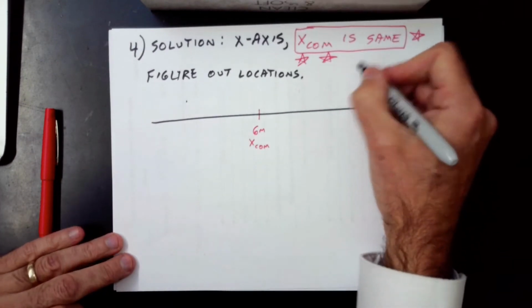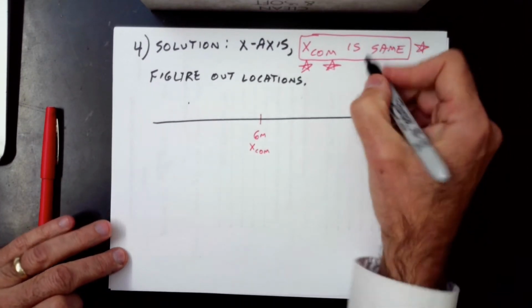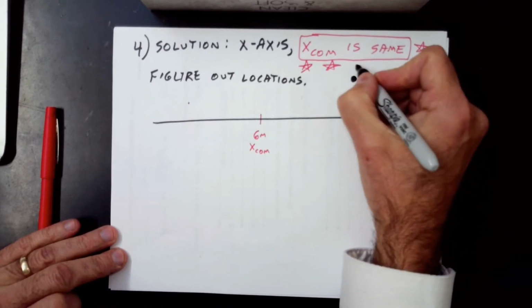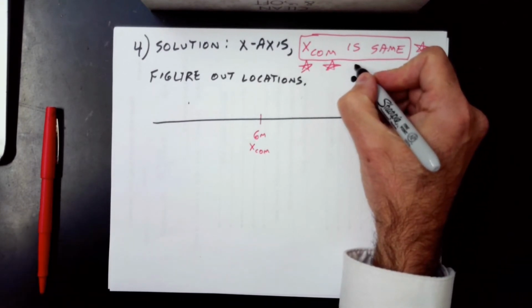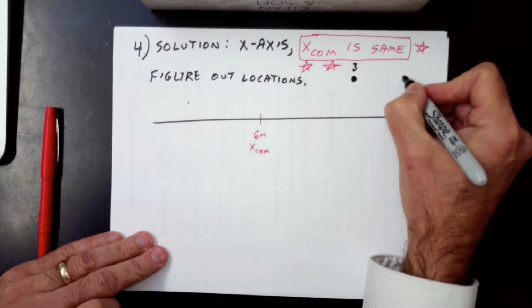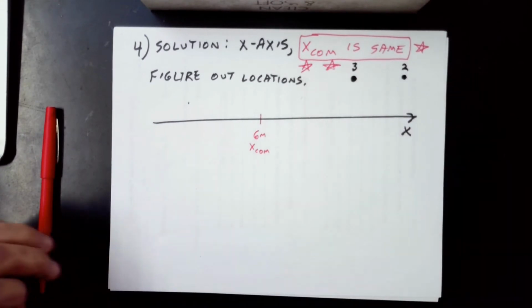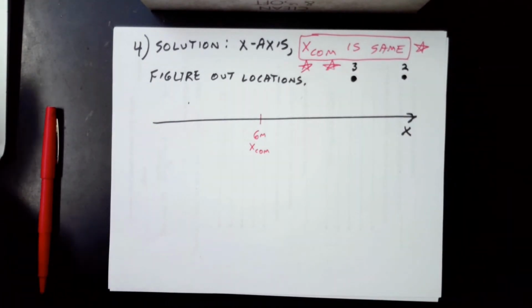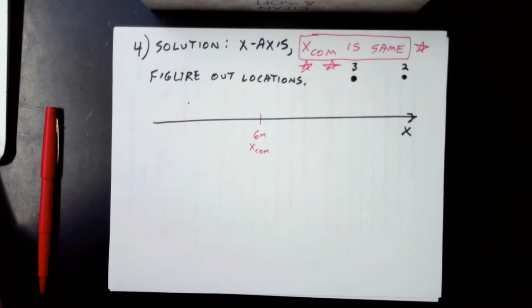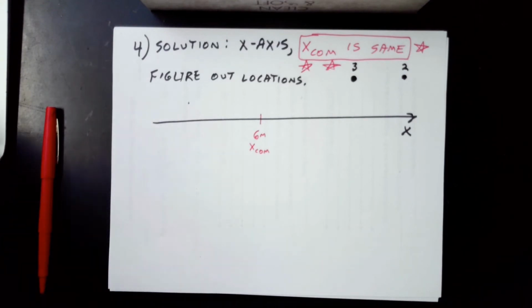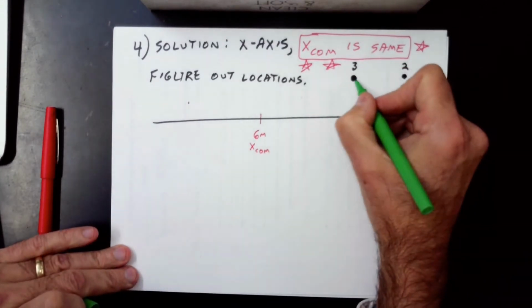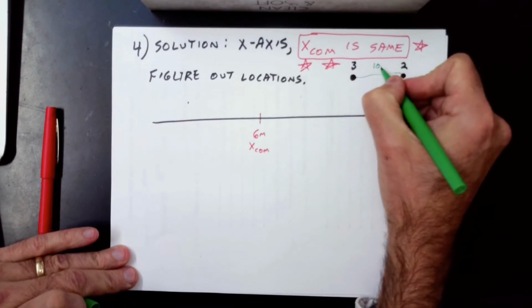So up here I'll make a diagram of what they look like now. They've switched positions. So now the 3 is on the left and the 2 is on the right, but they're still 10 meters apart. I'll mark that with my green. There's still 10 meters between them.